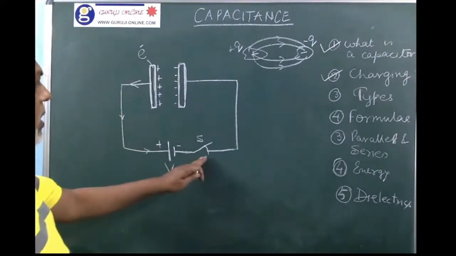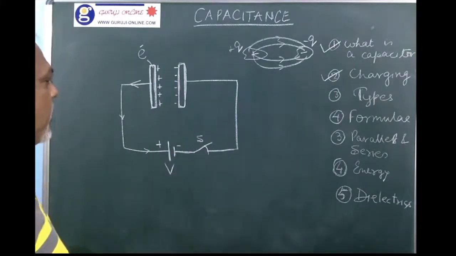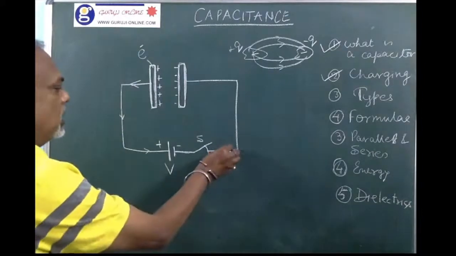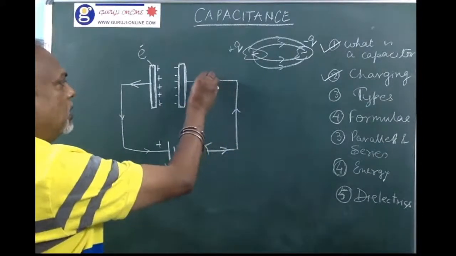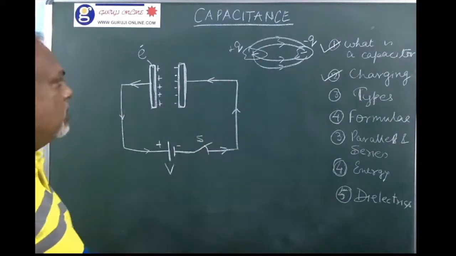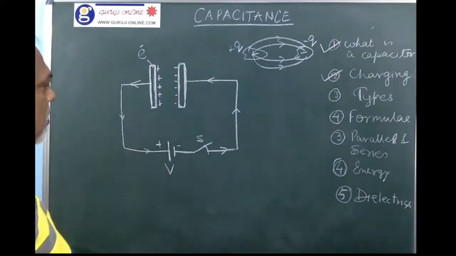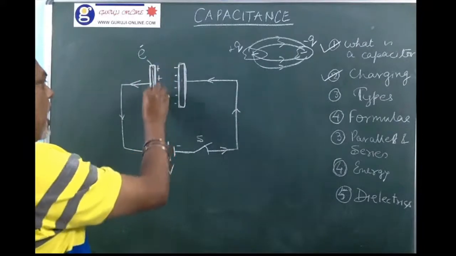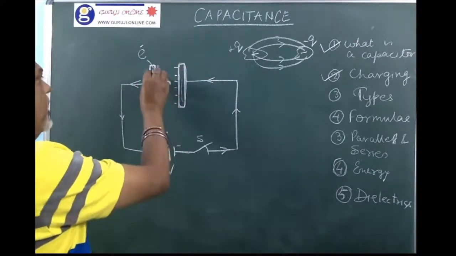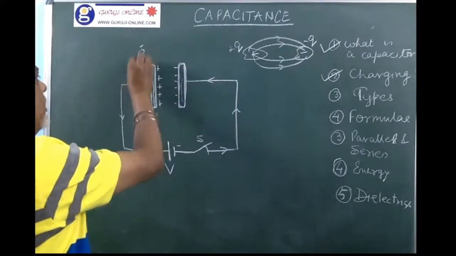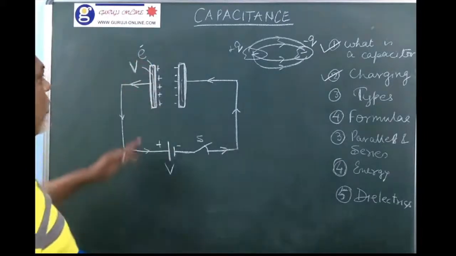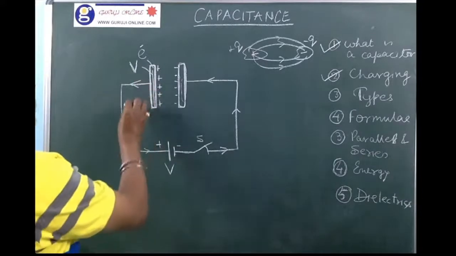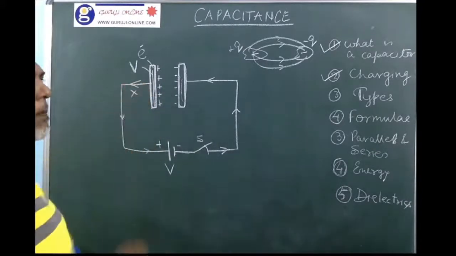Once this switch is closed, this process goes on till these plates have the potential difference of V. Once this potential and this potential are equal, naturally this flow will stop.